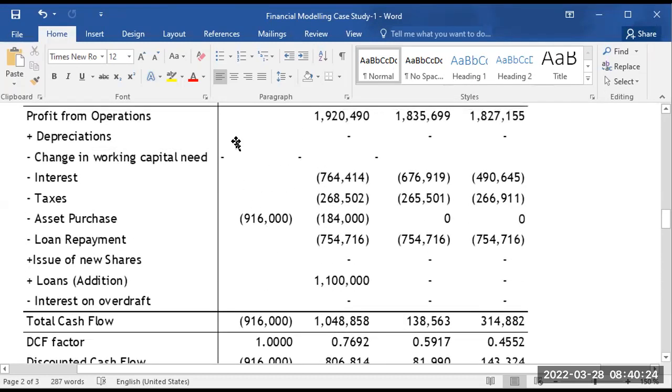There's no depreciation. When do you use depreciation? You actually need depreciation when you want to find the net profits, because the net profit is always the cash flow minus the depreciation.